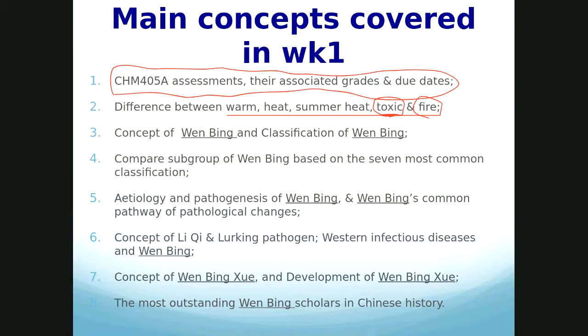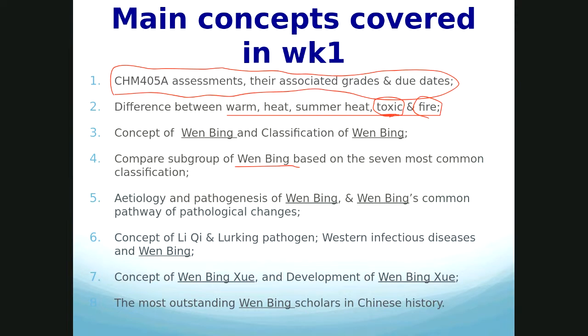Dry warmth happens in autumn, and the toxic warmth happens in any season, but mainly in the hot seasons. And we also compared a little bit the subgroups of categories of Wenbings, such as the difference between spring warmth and wind warmth, the difference between summer heat and damp warmth, etc.